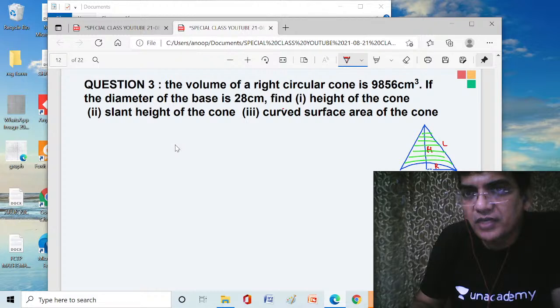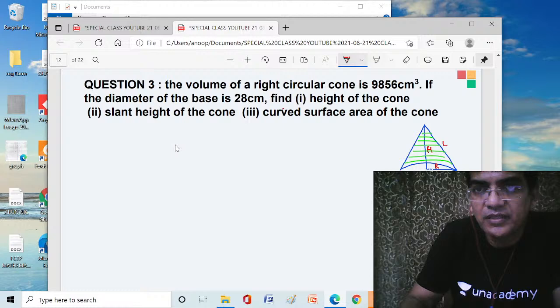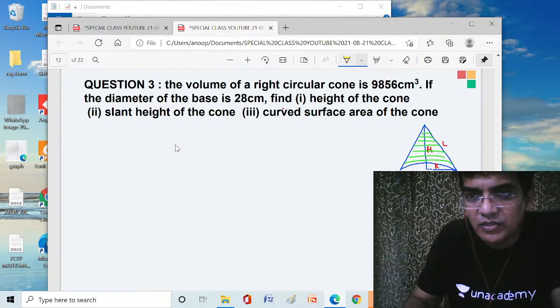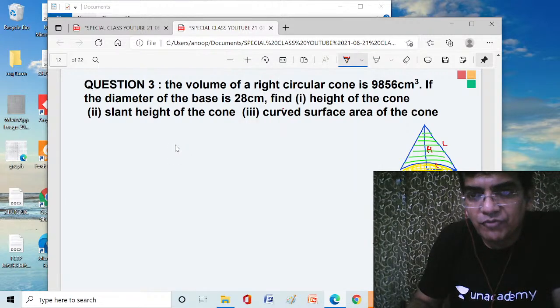Now suppose you are asked to write the total surface area. Then you will say that there are two surfaces on the cone: one which I have shaded green and the other which I am shading yellow. The portion shaded yellow is a circular surface. The formula for total surface area will be the curved surface area plus the circle portion.